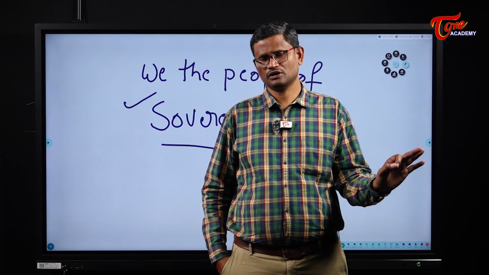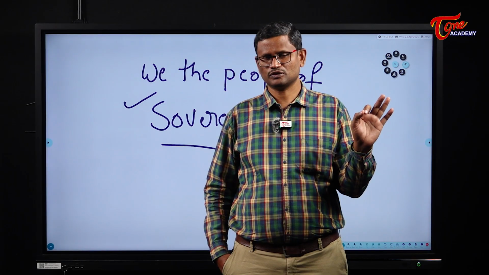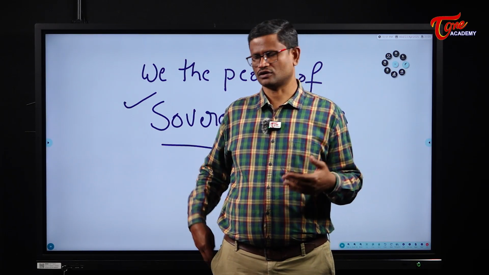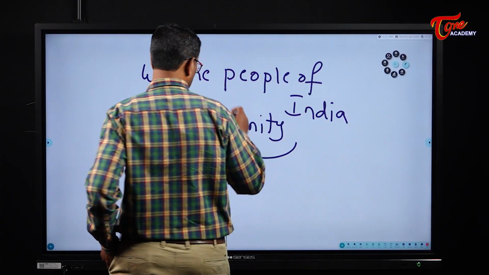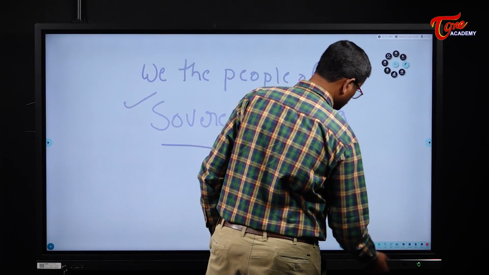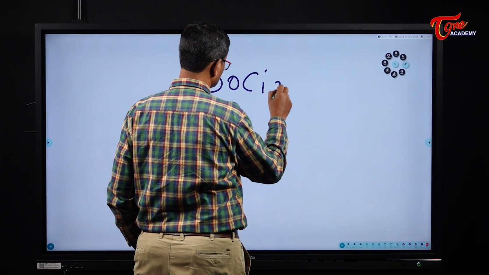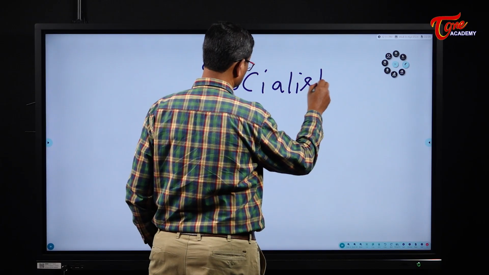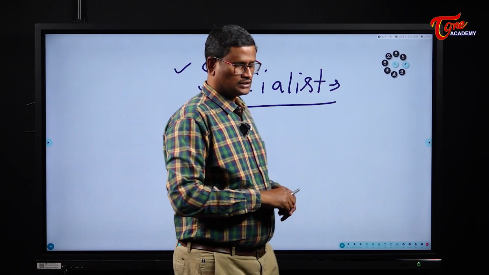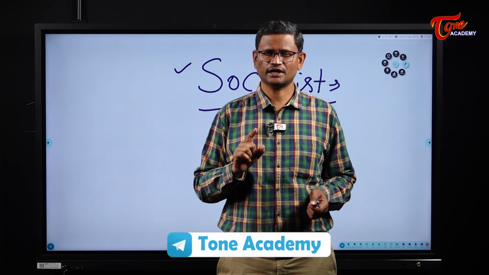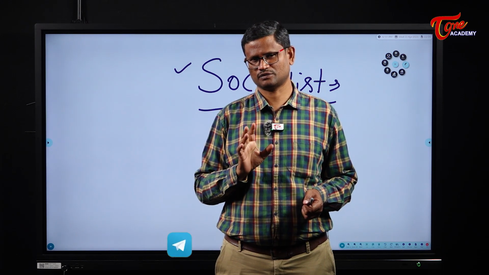So we the people of India in the preamble speaks about people as the source of authority for the Indian Constitution. Then the other things, socialist. The term socialist was inserted in the Indian preamble in 1976 through the 42nd Amendment.